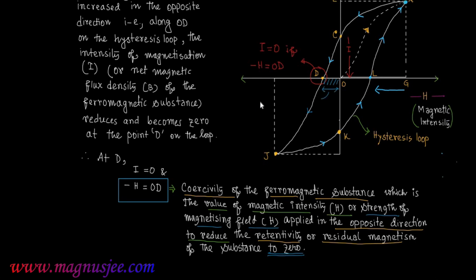This portion OD on the hysteresis loop is known as coercivity, the value of magnetic intensity H applied in the opposite direction to reduce the retentivity or residual magnetism of the ferromagnetic substance.